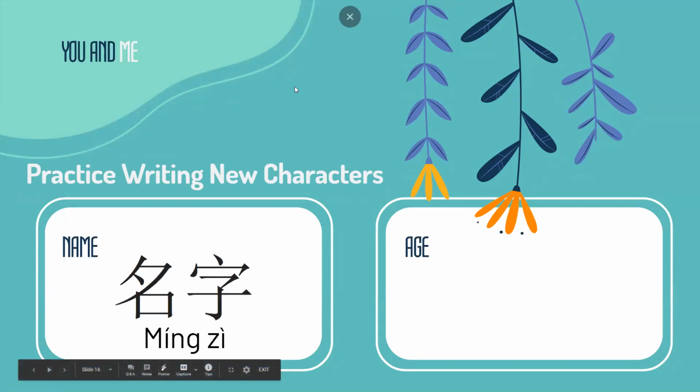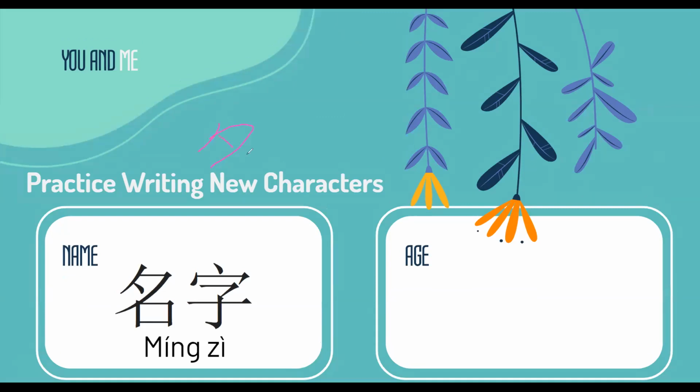So first we have 名字, which is name. We start with a diagonal that way, and we do a little hook around and a dot in the middle.